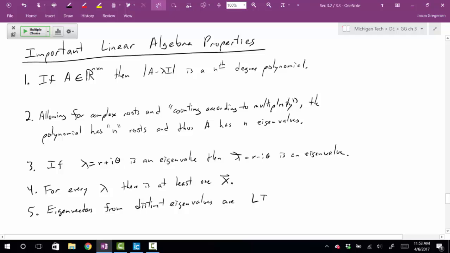The next one says that for every distinct eigenvalue, there will be at least one eigenvector. And the last one says that eigenvectors from distinct eigenvalues are LI, linearly independent.